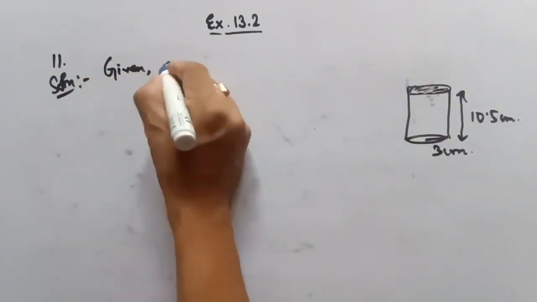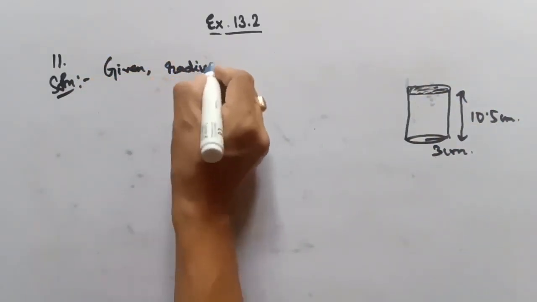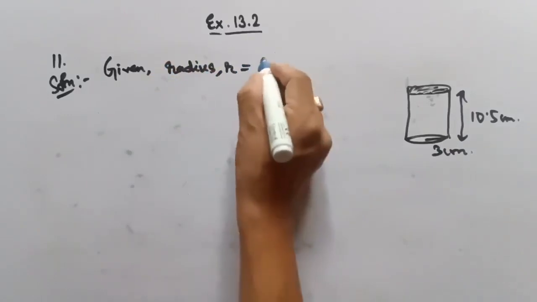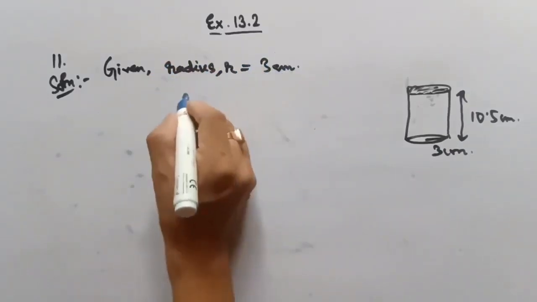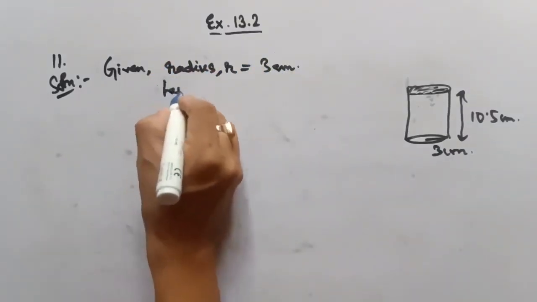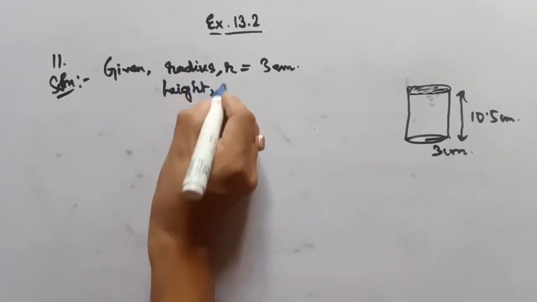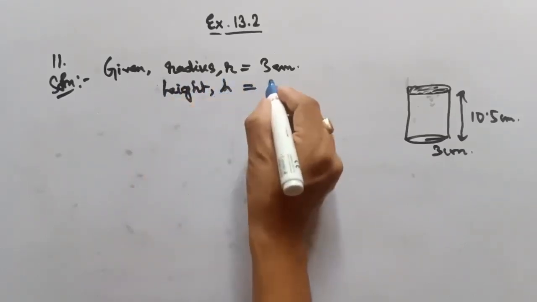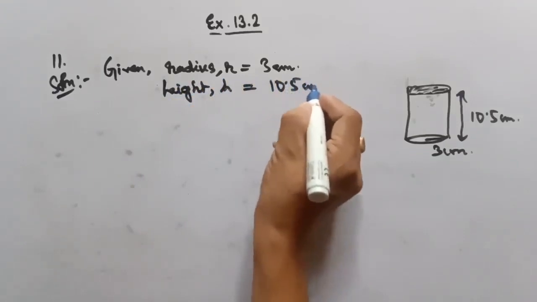Given, the radius of the pen holder is 3 cm and the height of the pen holder is 10.5 cm.